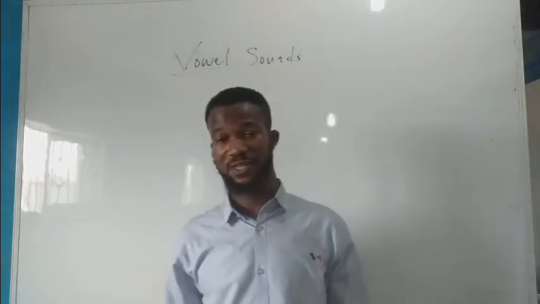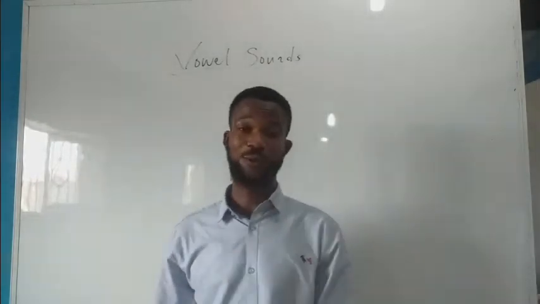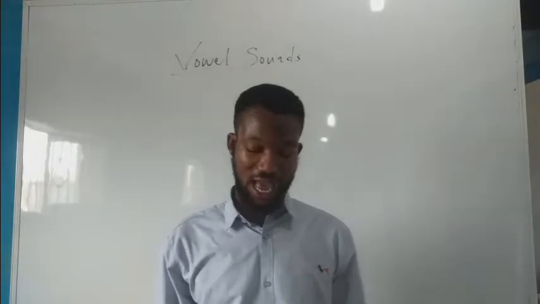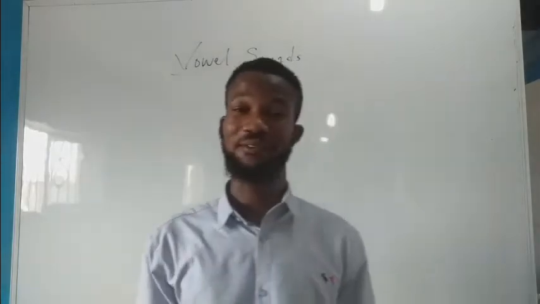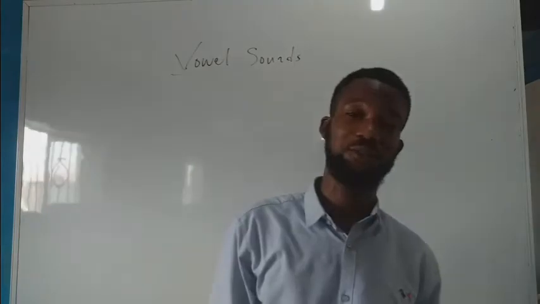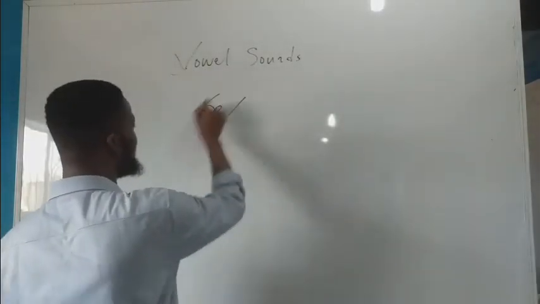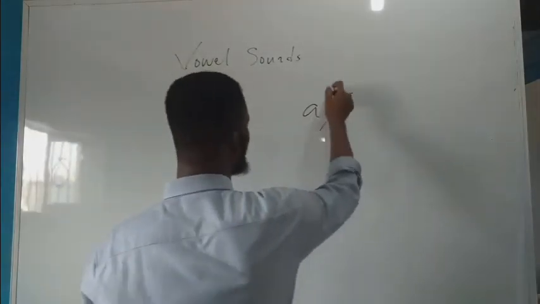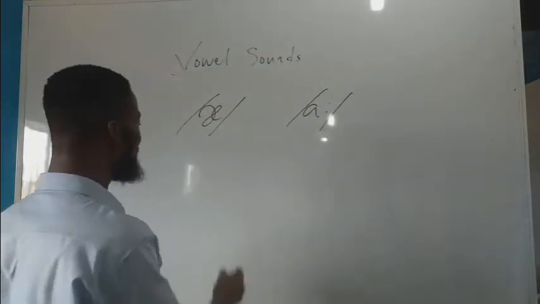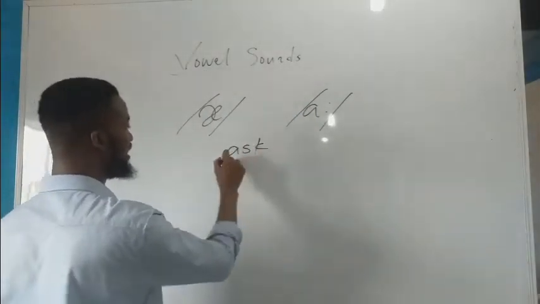The 8 diphthongs have already been spoken about, so we're going to look at how to identify the long vowel sounds from the short ones. For example, we have the short A sound and here we have the long A sound. Most people don't know. We have a question like this: please underline.